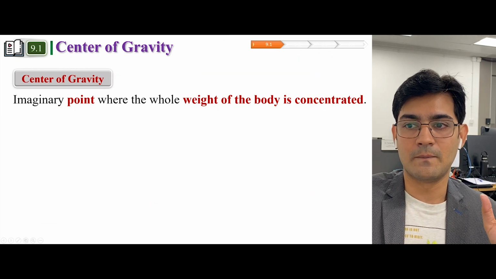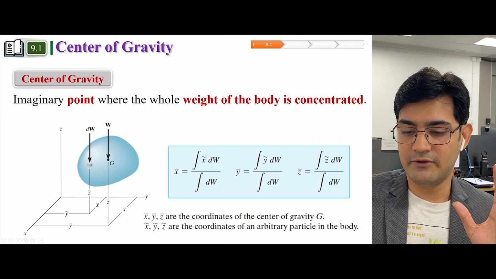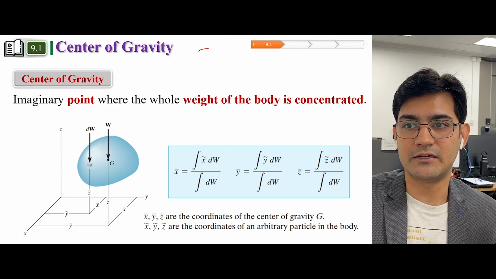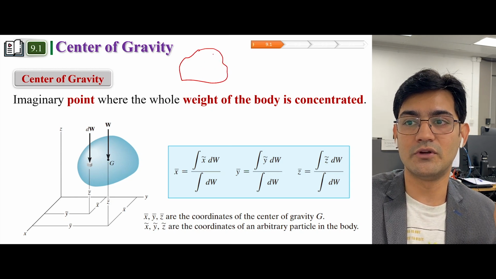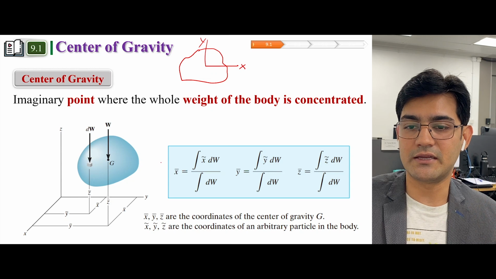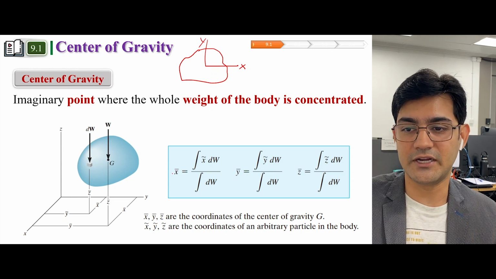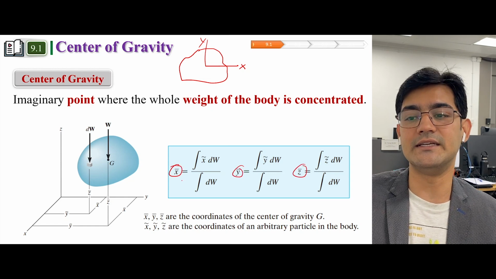Now, if we have a volume, because previously we were studying calculating the center of gravity for a two-dimensional rigid body. Now if we have 3 dimensions, then similarly we can calculate the center of gravity for all these 3 dimensions. So this would be the equation for x, y and z dimensions.